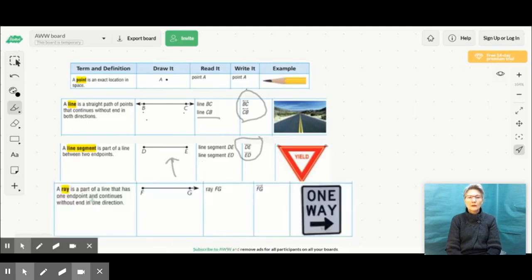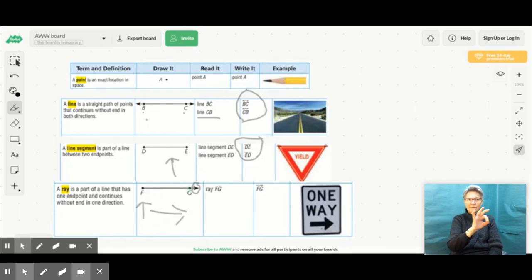Just like I said, the definition is that it has one endpoint and it continues without end in one direction. So you'll see here, there's just one arrow. That's because this ray is continuing on towards the right, or in that direction, forever, but it does have that starting point there. So we would call this ray FG.